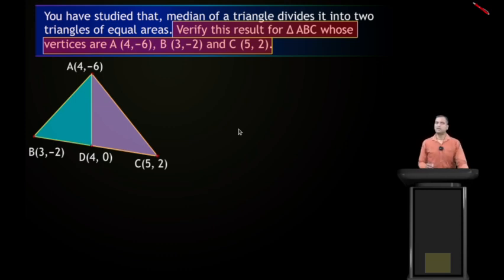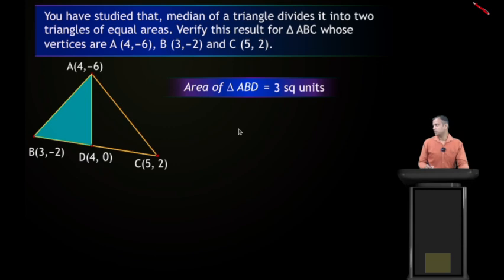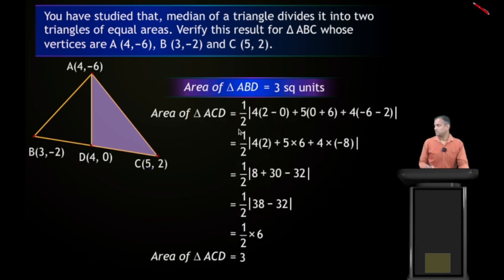So now we have to find the area of this triangle and again the area of this triangle, and then we have to prove that the areas of both triangles are equal. So this is the area of ABD, it is 3 square units, and again this is the area of ADC.